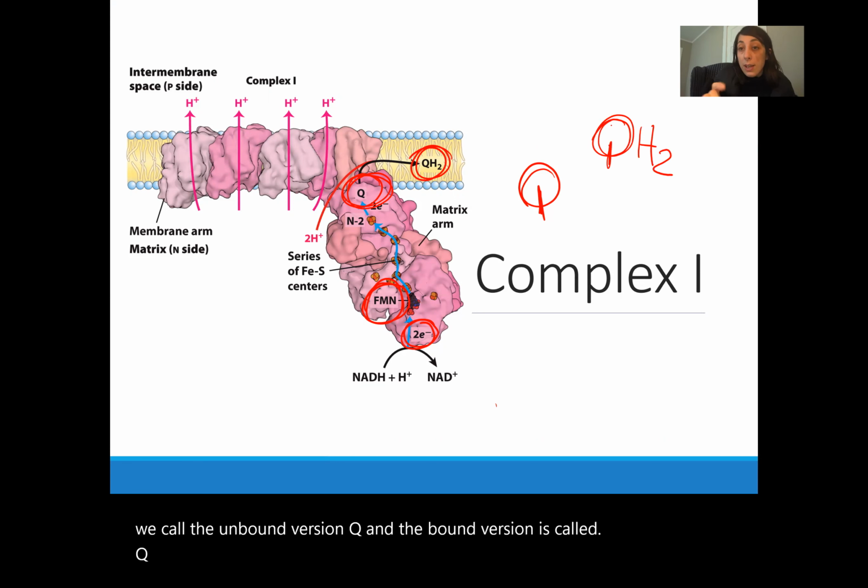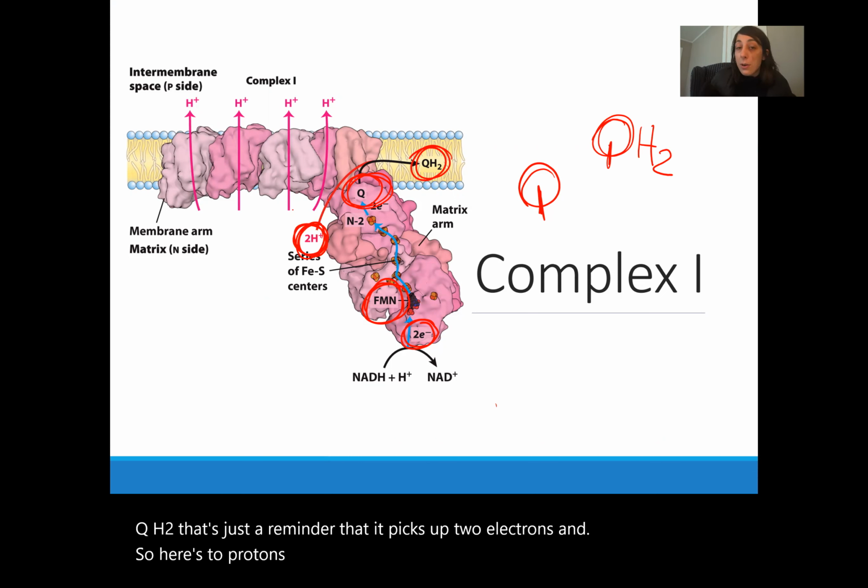That's just a reminder that it picks up 2 electrons and 2 protons. So here's 2 protons that needed to get picked up by our coenzyme.